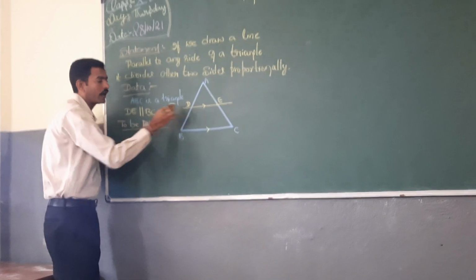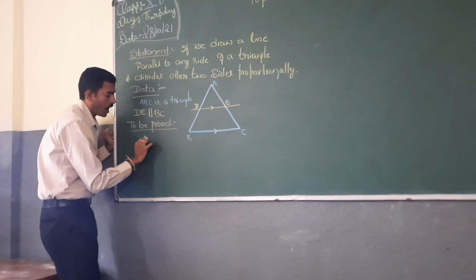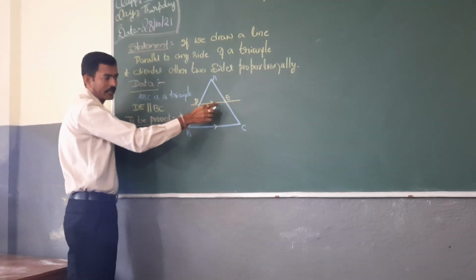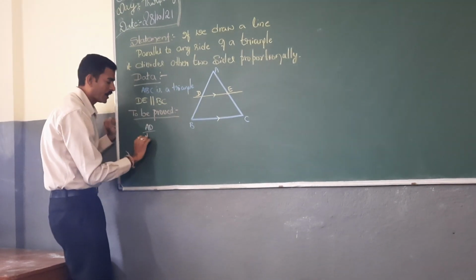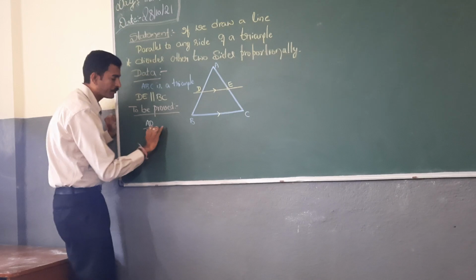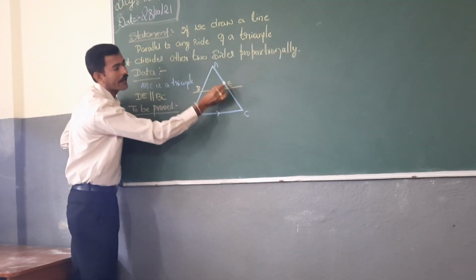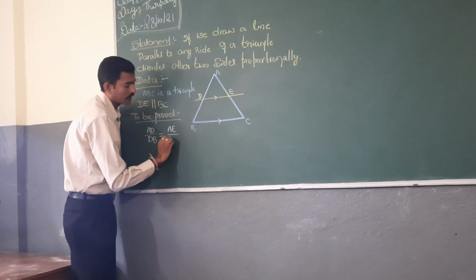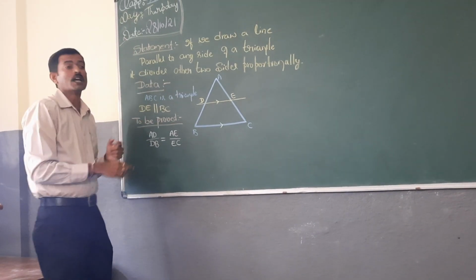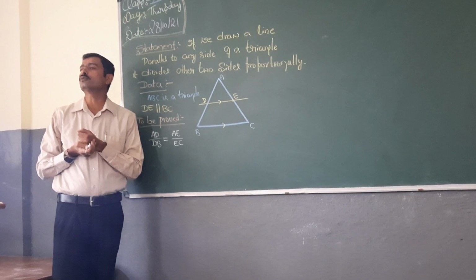What is the proportion? When it divides, I got two parts, AD and DB. AD by DB is equal to AE by EC. This is what we are going to prove.